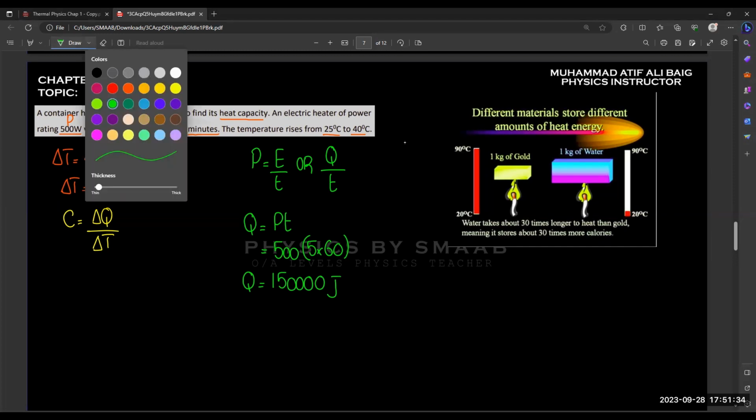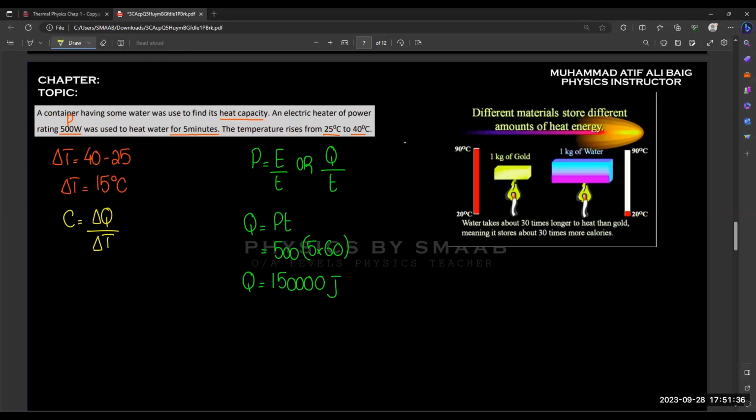And if we substitute this value in our main question, that will be equal to 10,000. Yes.